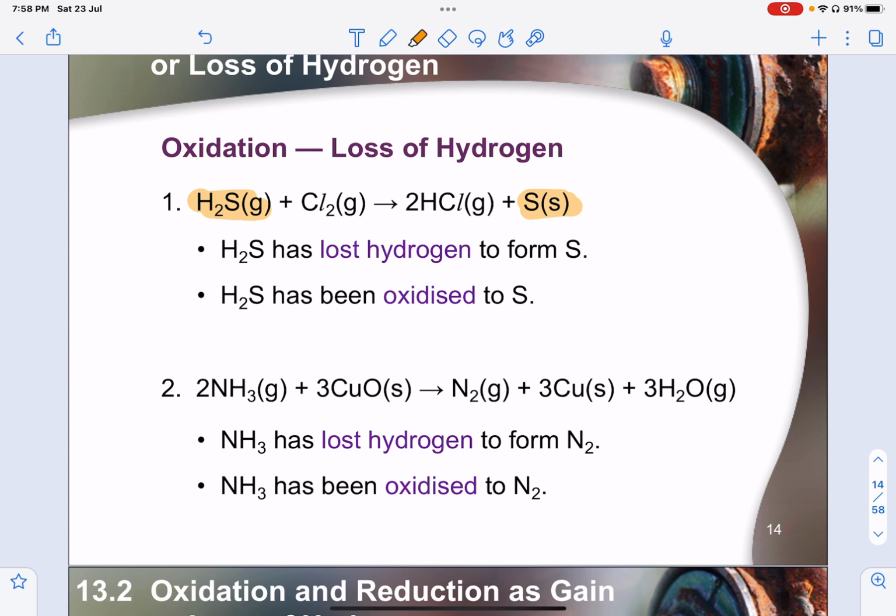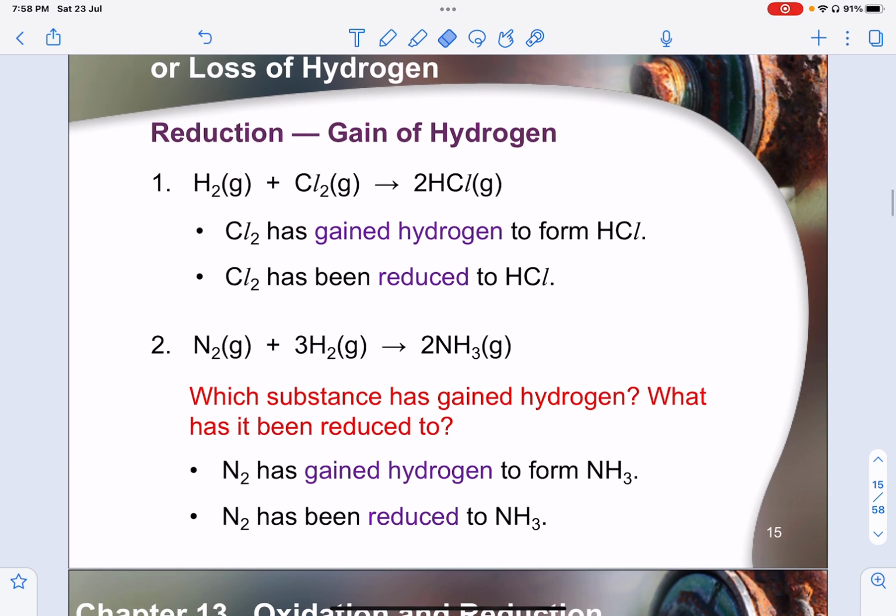Sometimes you can also write how many hydrogen atoms are lost. Of course, ammonia can also come in here. Now, some students ask, must I lose all my hydrogen? The answer is no. As long as you lose at least one hydrogen atom in this kind of scenario, you would be considered to have undergone oxidation.